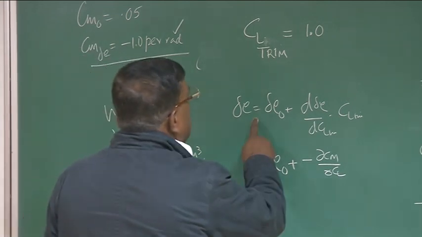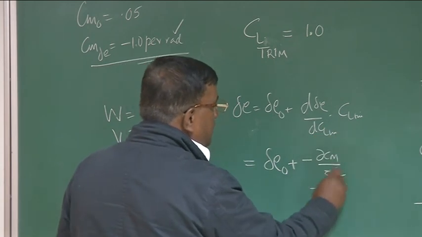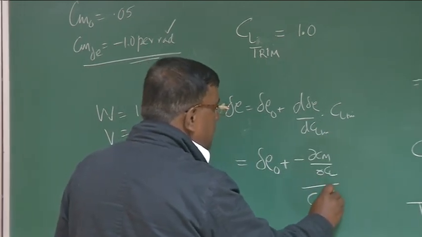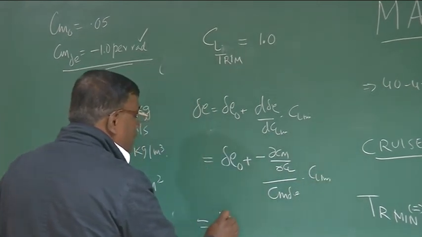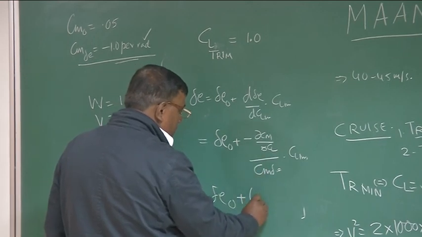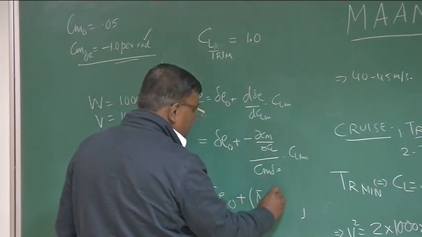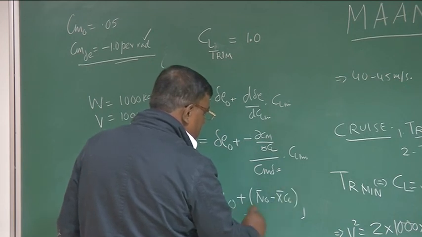So you know delta E equal to delta E naught plus d delta E by dCL trim into CL trim, which again I can write as Cm delta E into CL trim, and this equal to delta E naught plus minus dCm by dCL, which means this will be N naught bar minus xCg bar by Cm delta E.